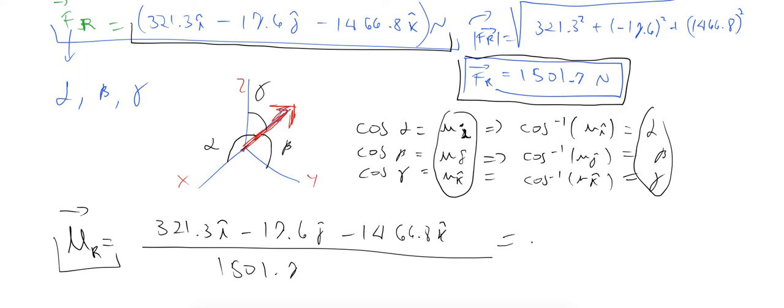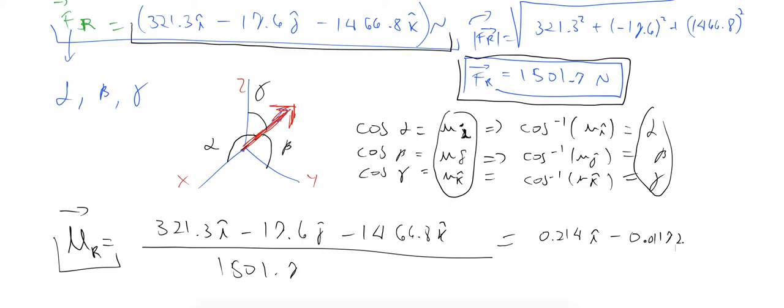Okay, so we can calculate this. This is going to be equal to 321.3 divided by 1501.7, boom, 0.214. I'm going to round a little bit, okay, guys? Then negative 17.6 divided by 1501.7. Just in case you're double checking the answers with the solution manual, mine may be a little bit off just because I've been rounding.